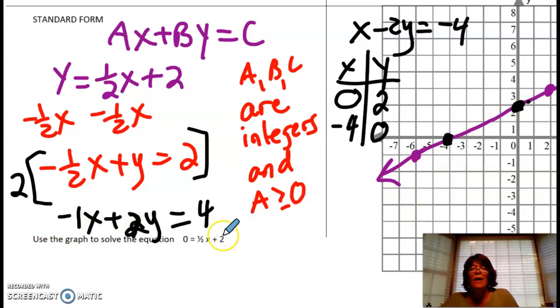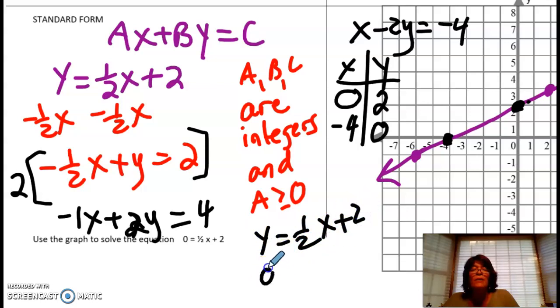We're going to use this graph to solve the equation 0 equals 1/2 x plus 2. So in other words, I have the equation y equals 1/2 x plus 2. I want to know when 0 equals 1/2 x plus 2. So all I'm looking for is when y is 0.